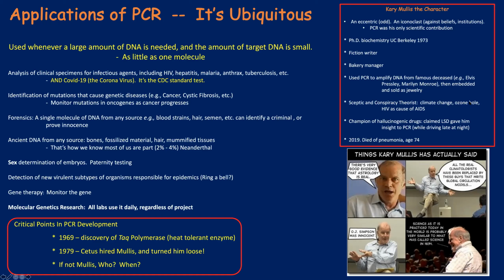He didn't think there was an ozone hole in the atmosphere. He didn't think that HIV caused AIDS. And he was an advocate of hallucinogenic drugs. In fact, he claimed that LSD gave him the insight to develop PCR. He died a couple of years ago, in 2019, at age 74. And these cartoons just indicate some of the outrageous things that Kary Mullis actually said.